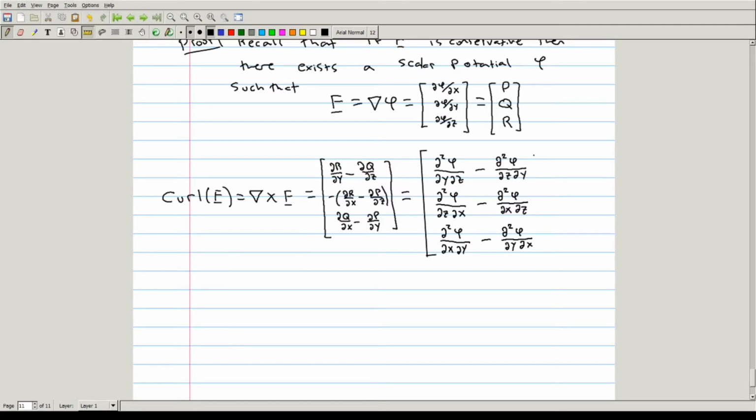So for this conservative vector field, the curl is actually this expression right here. With respect to the second part, it becomes the second partial derivative. Specifically, these are called the mixed second partial derivatives of phi with respect to the corresponding variables.